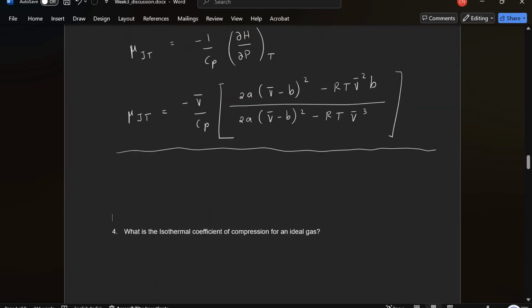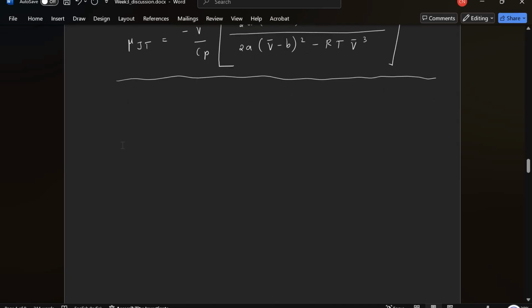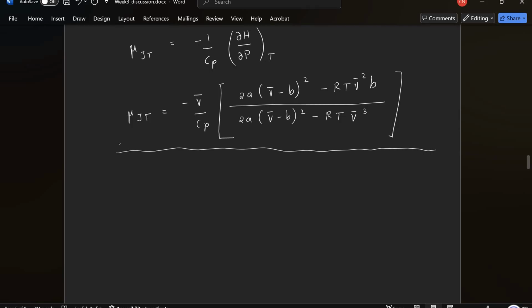What we want to know is, when A is greater than RT by 2, let's keep it as RT by 2 for now, what will happen? Cooling or heating, as the gas expands? Or heating.